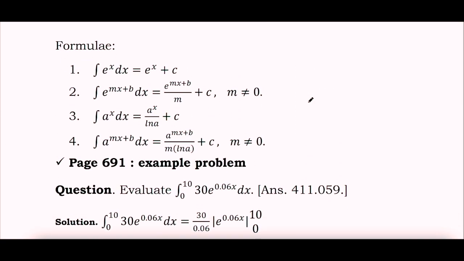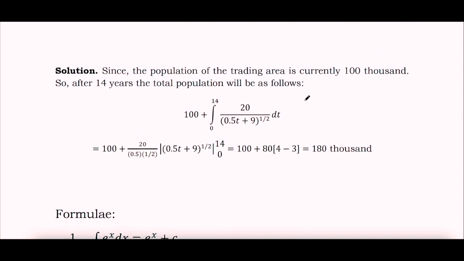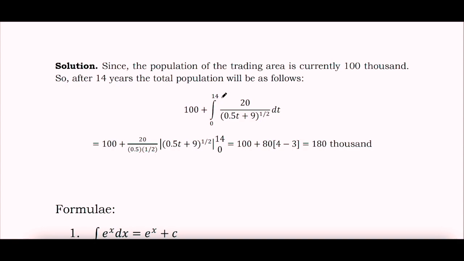So the total population in 14 years will be 100 plus the integral from 0 to 14 of the rate function. If you integrate this rate function from 0 to 14, you will get the total increased population in 14 years. And you need to add this 100 to the result.